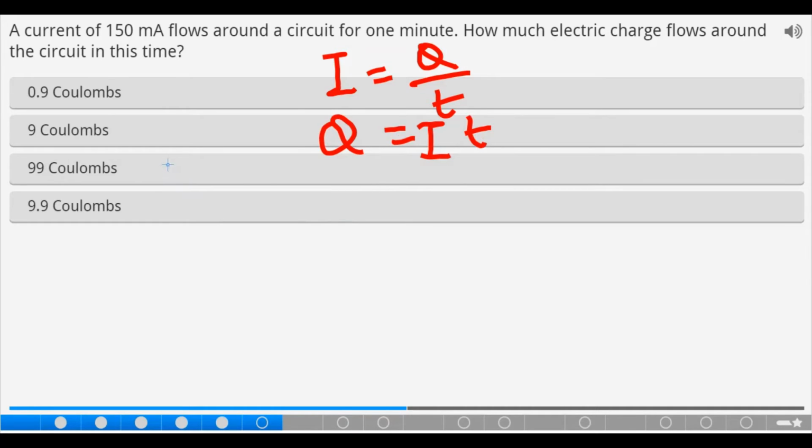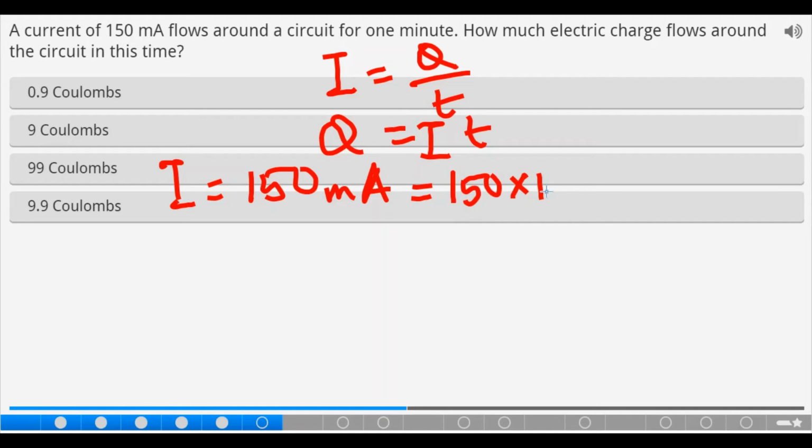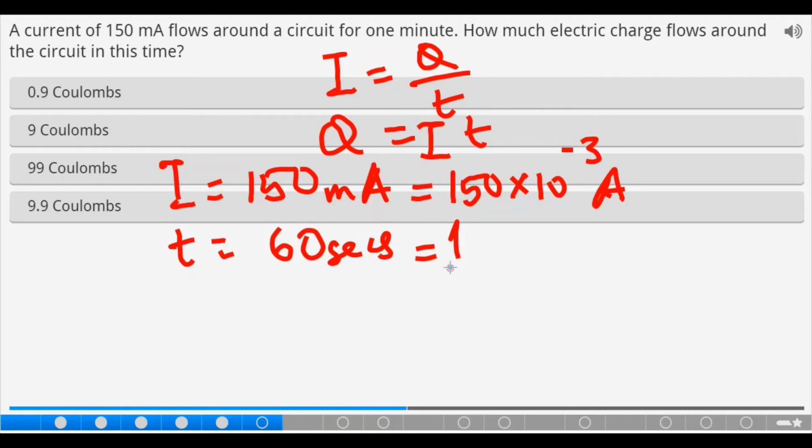So our I now is 150 milliampere. Whenever you have the word milli, that means 10 raised to the power minus 3. So 150 times 10 raised to the power minus 3 ampere. Now, time is 60 seconds, that is 1 minute. Don't forget that time will always be measured in seconds.